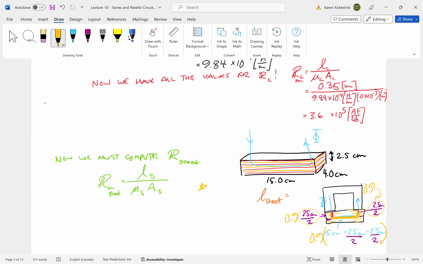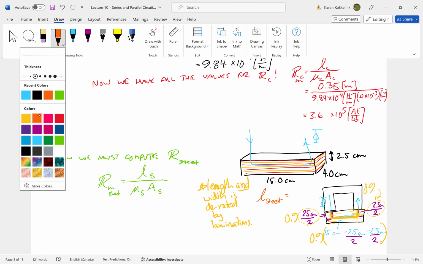So remember that length and width is derated by the laminations. All right. So it's actually L sheet. And I don't like that because the laminations are only going up.